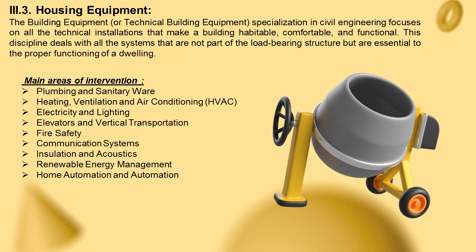Main areas of intervention: plumbing and sanitary ware, heating, ventilation and air conditioning, electricity and lighting, elevators and vertical transportation, fire safety, communication systems, insulation and acoustics, and renewable energy management.